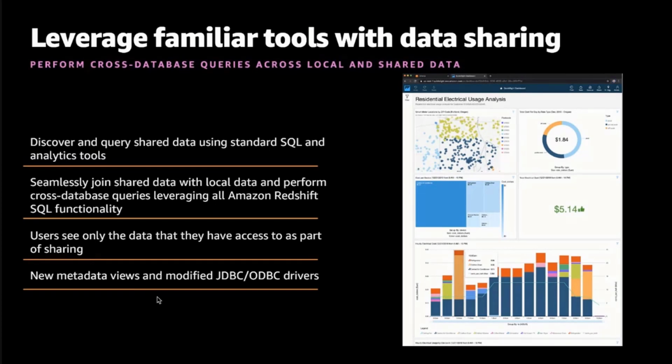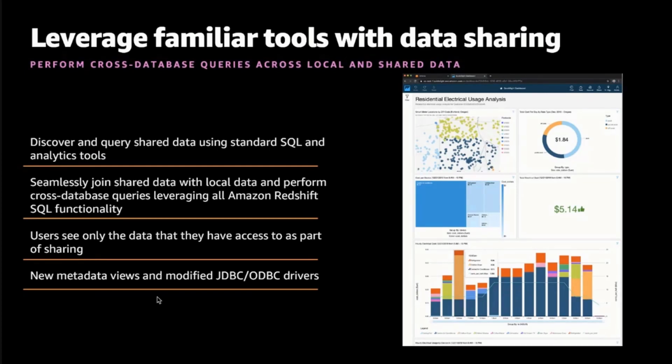From an end user perspective, they're seeing the shared data just like they see local data from their local Redshift clusters. And more important, not only are they able to see the data, they can query the shared data, and they can perform joins between the local data and the shared data. This is where the cross database query functionality becomes interesting.